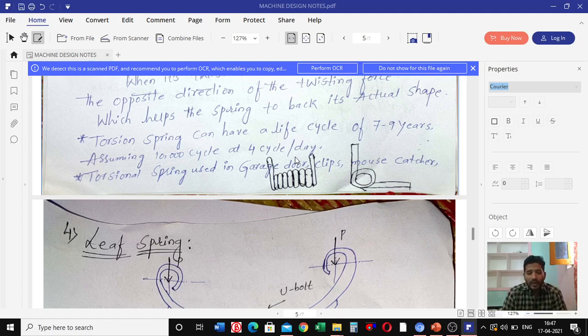Generally, torsional springs have a life cycle of 7 to 9 years.